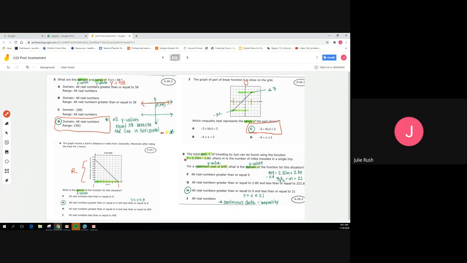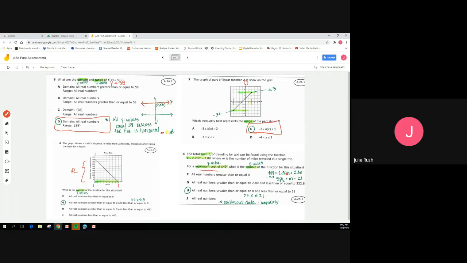So if my maximum Y value is $49, then I can take this equation and I can set it equal to $49, and that way I would find my maximum X value or my maximum domain value. Since we're traveling, I know that I'm going to be starting at 0. And because we're talking minutes or miles, which is measurable, and total cost, which is also measurable, and I can have partial dollar amounts, this is continuous data.